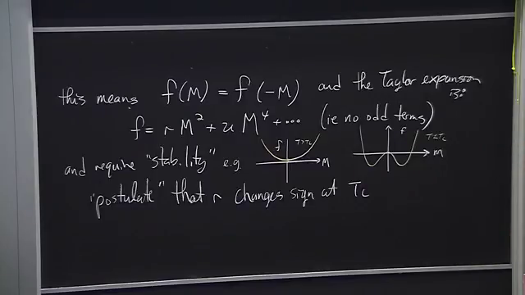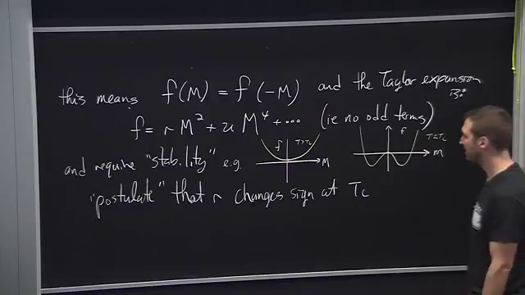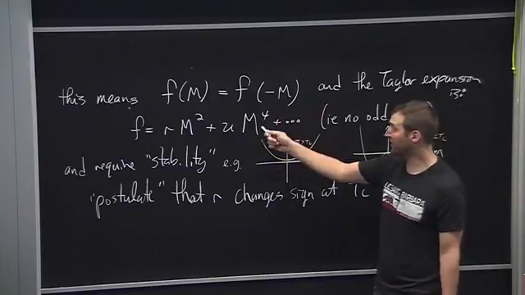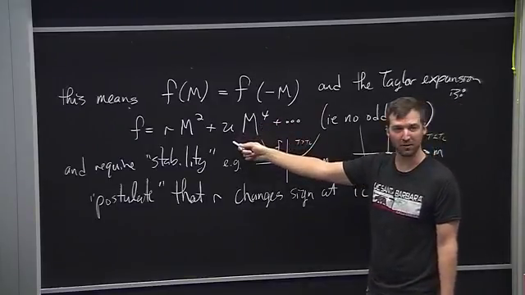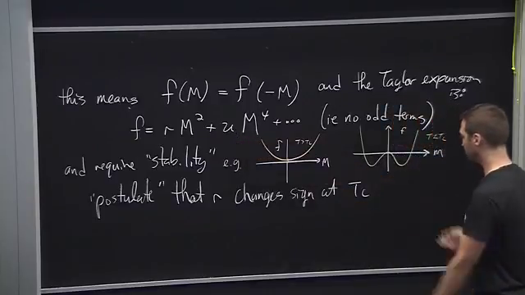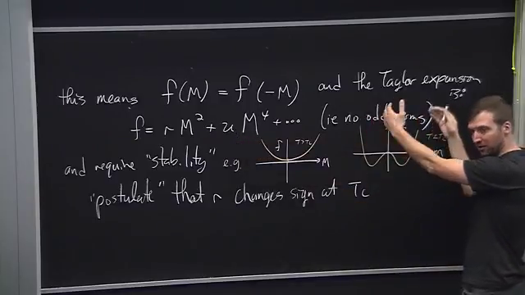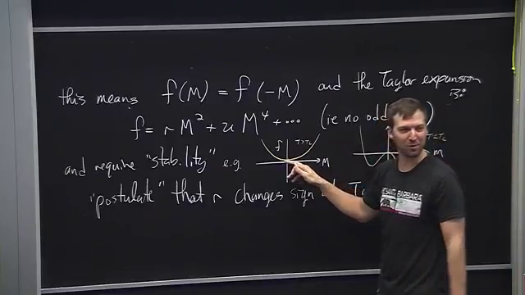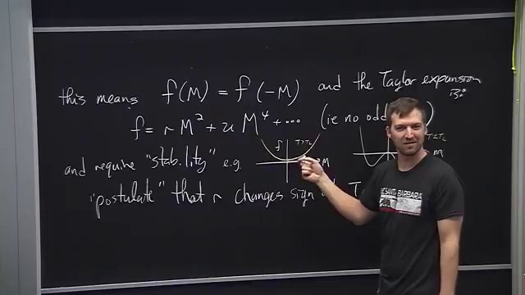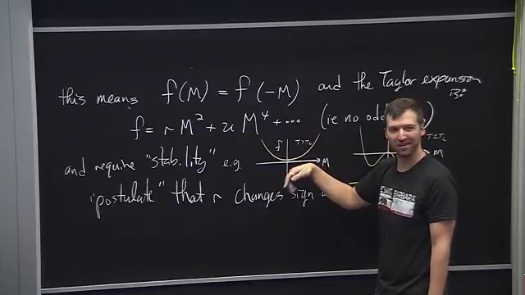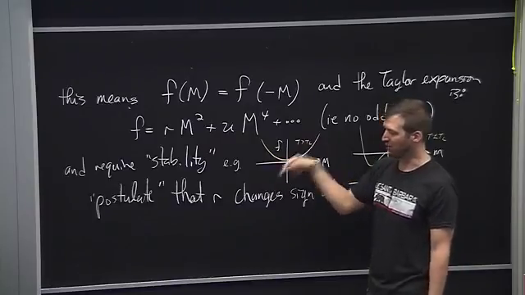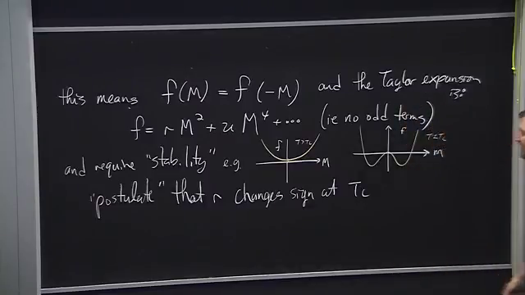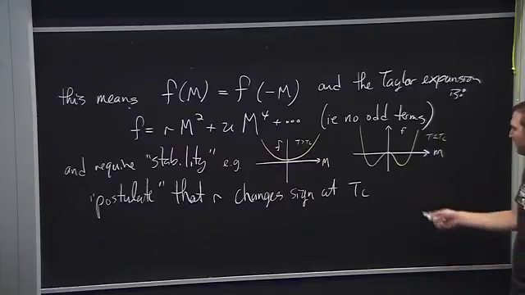It goes to 0 at t equals Tc. And then the M4 term has a parameter in front of it that we don't care about in this case. That keeps your system stable. It means that you're in a local or global minimum here, not a global maximum, right? If it was upside down and you perturb the system, the ball would roll down to infinity. And that's what you don't want, right? You want to have stability and bound states and so on.